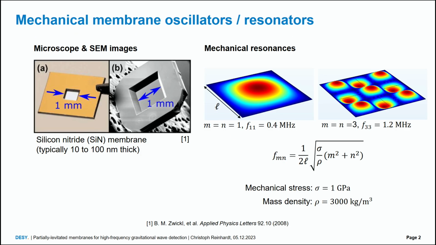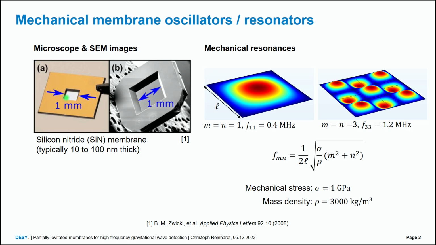When I talk about the membrane, to give you an idea, shown here is this generic example of a square silicon nitride membrane, where you have some photos on the top left. The membrane is a freestanding film, which is freely suspended from a silicon chip, which is made in a clean room, similar to semiconductor device fabrication.